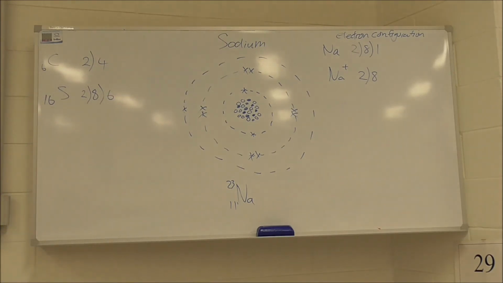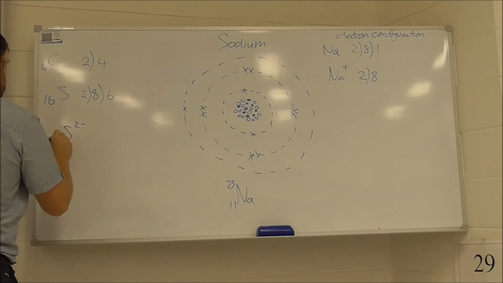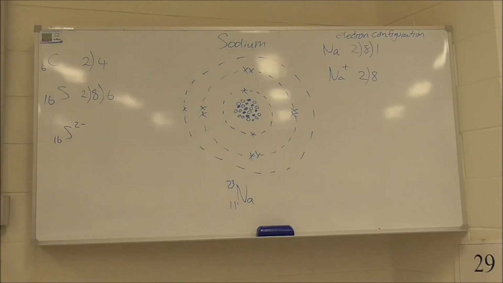Okay? Now I'm going to throw one in the mix. We've got a sulfur ion there, sulfide ion, 2 minus. So what that means is, how many electrons would there be with that? There'd be 18, wouldn't there?